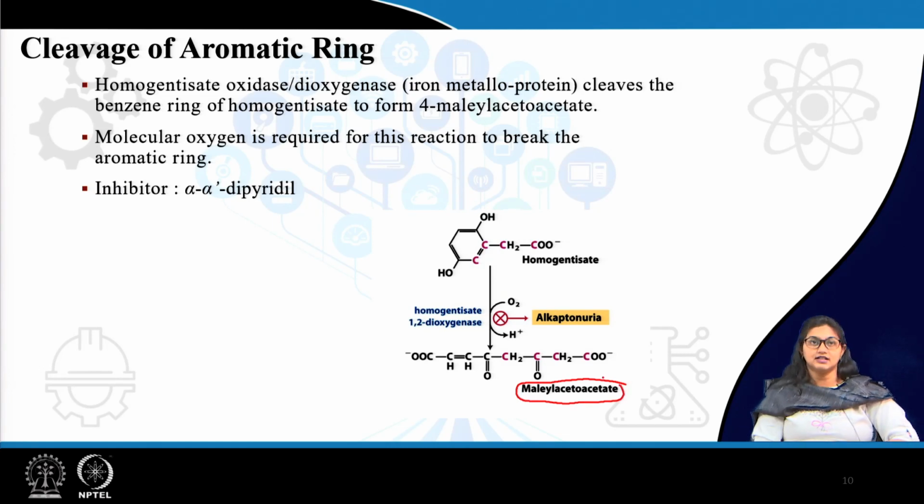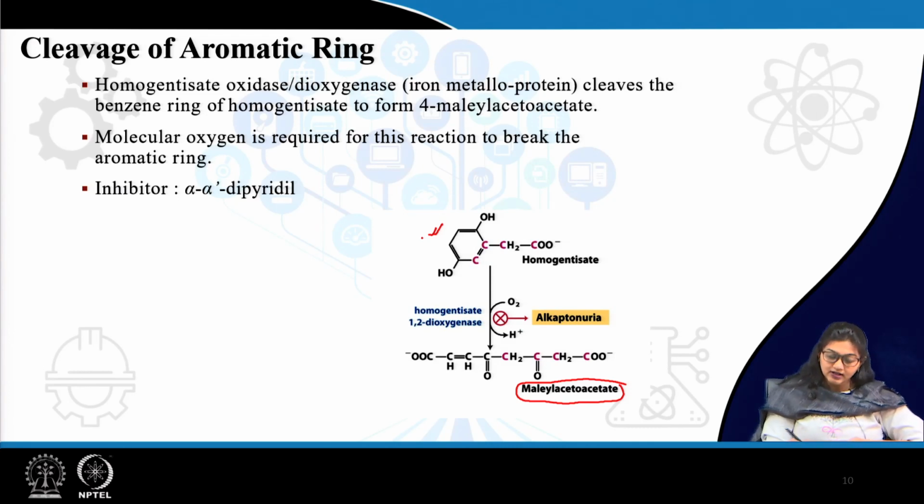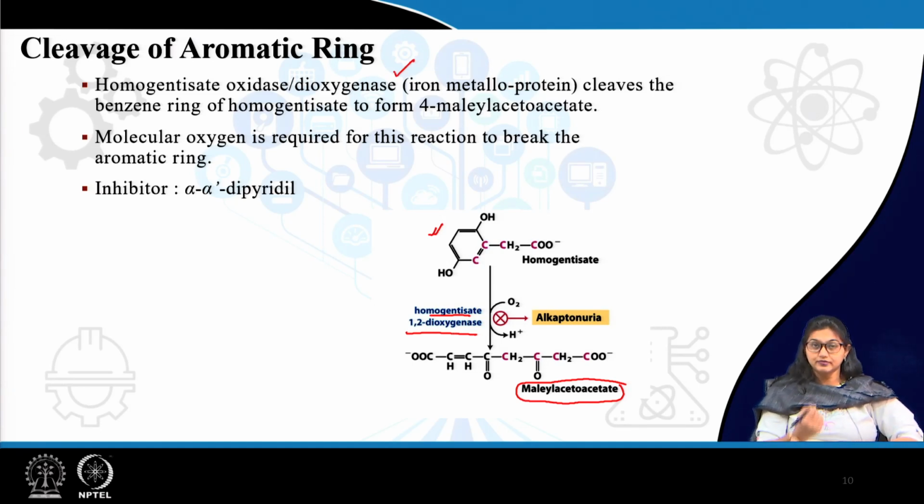Then from homogentisate there is formation of maleylacetoacetate. Till homogentisate there is a benzene ring, but after this step that ring is opened. This step is important because there is cleavage of the aromatic benzene ring, and the enzyme here is another dioxygenase, homogentisate 1,2 dioxygenase, which is an iron containing protein, an iron metalloprotein. To open up this aromatic ring, molecular oxygen is utilized.